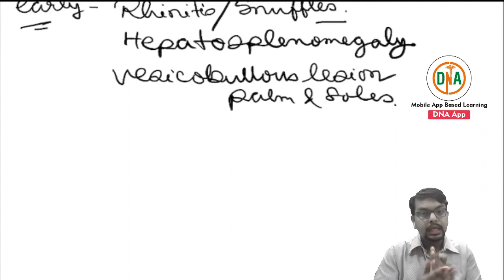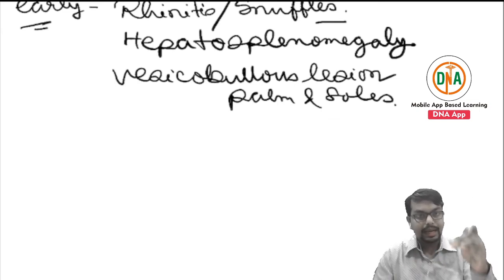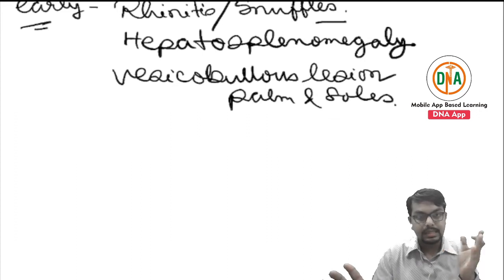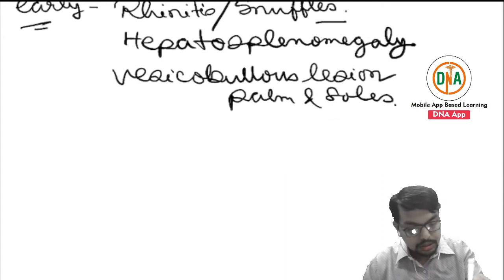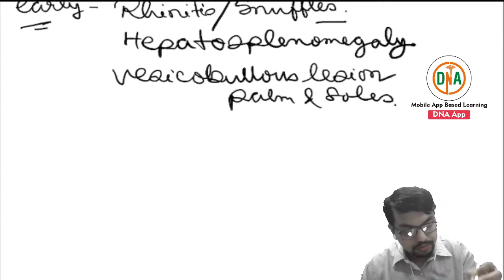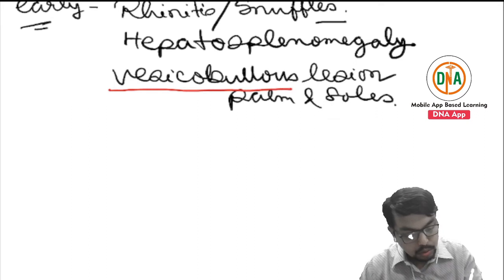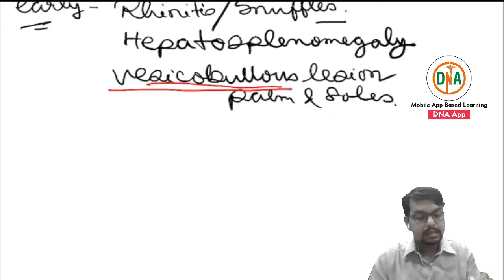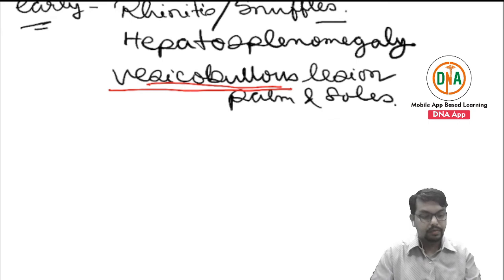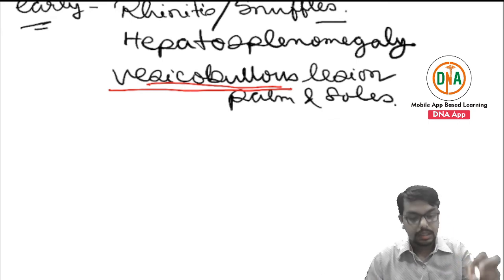In congenital syphilis there is no history of genital ulcer. So what we get in the early stage of congenital syphilis is basically the secondary stage. But here we get vesicobullous lesion. So this is an exception of the lesion in secondary stage. We don't get any vesicular lesion in adult secondary stage syphilis, but we get vesicobullous lesion in congenital syphilis.